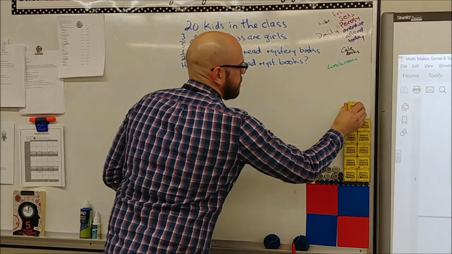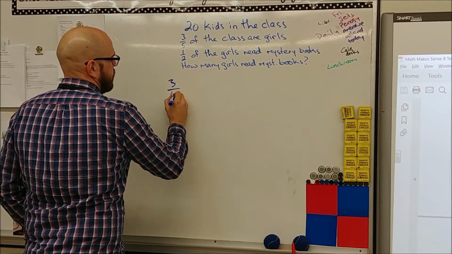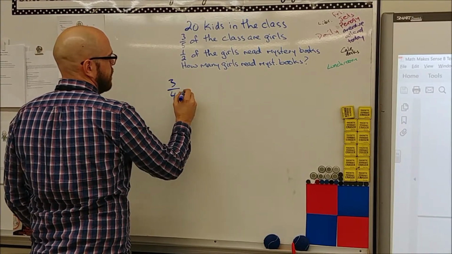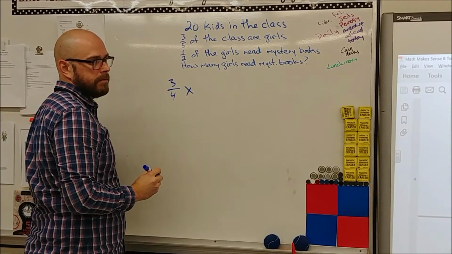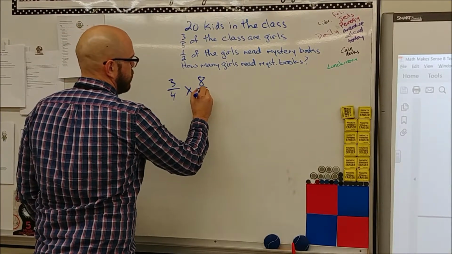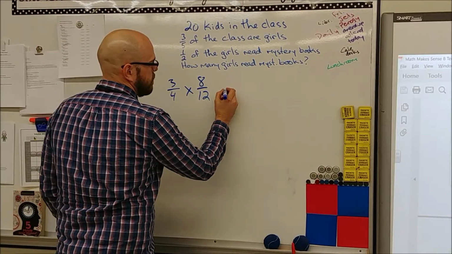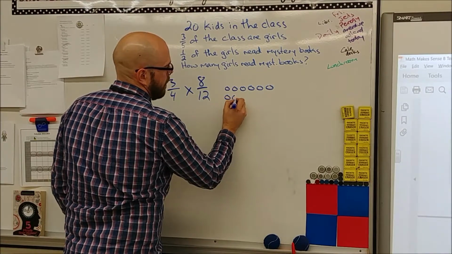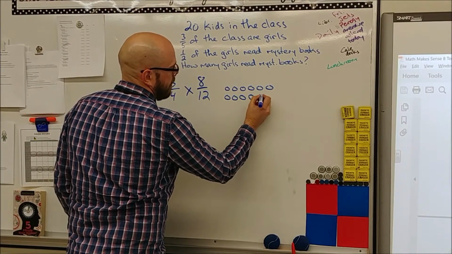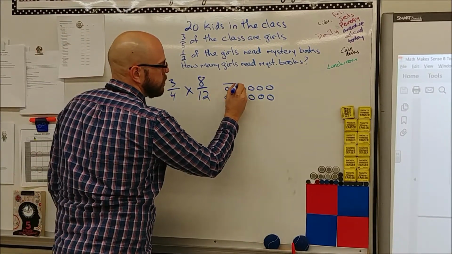All right. I want 3/4 of 8/12. So I'm going to have 12 first. 1, 2, 3, 4, 5, 6, 7, 8, 9, 10, 11, 12. I'm going to circle 8 of those 12.